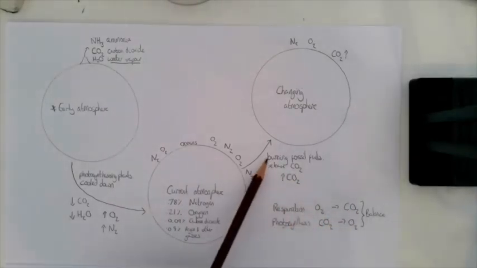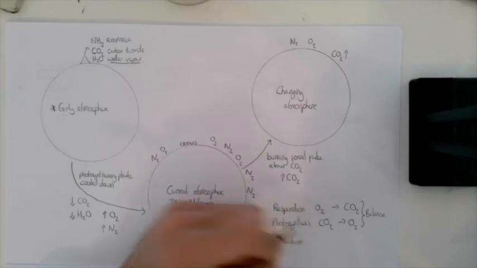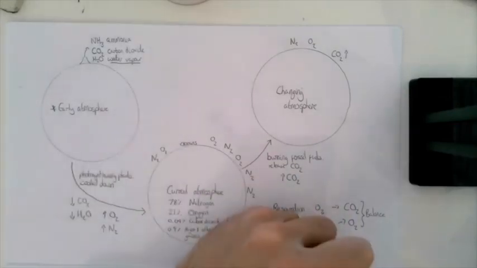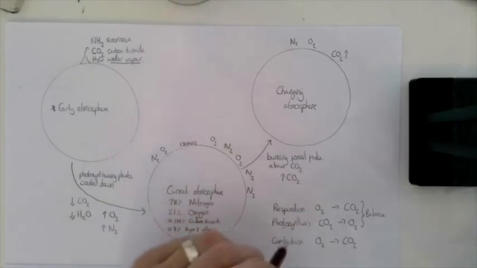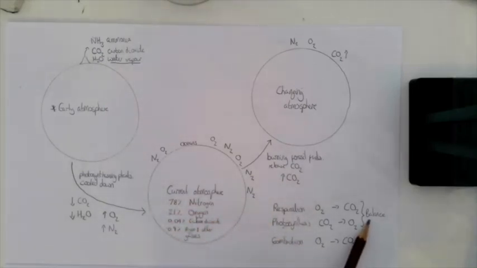What happens when we start burning loads of fossil fuels and we start introducing combustion into the equation is combustion takes in oxygen and releases carbon dioxide. So we've started doing that when we burn fossil fuels. We're disturbing the balance.